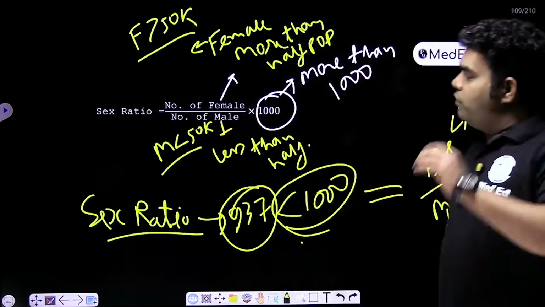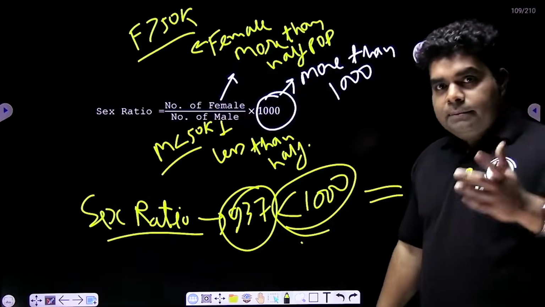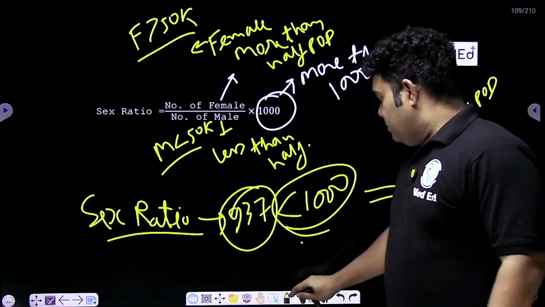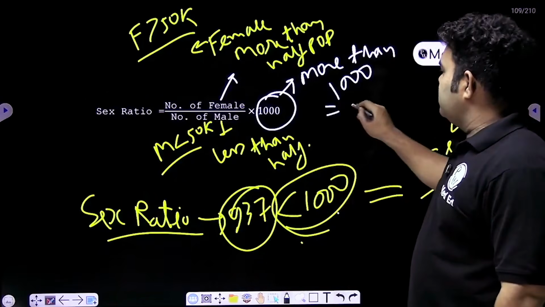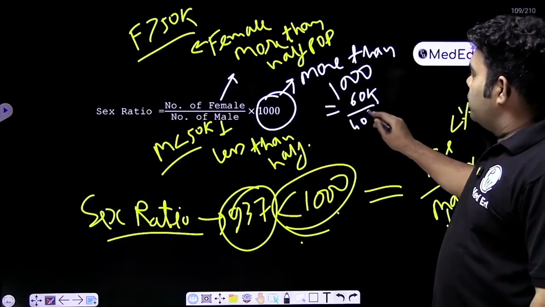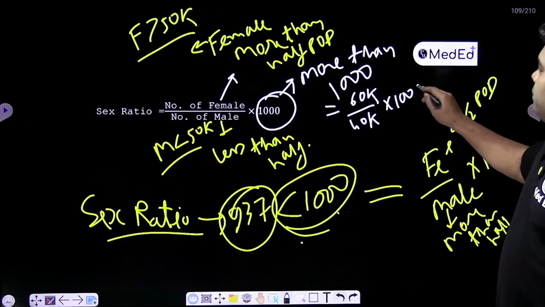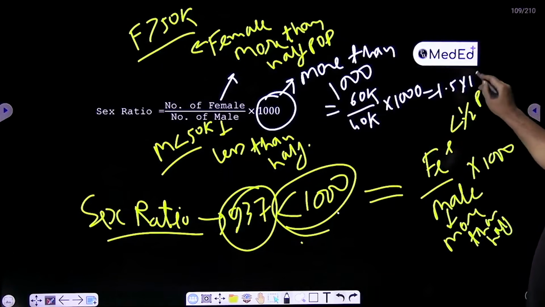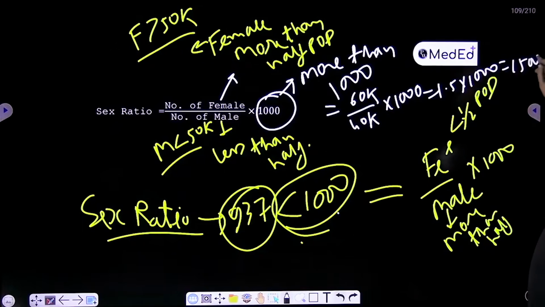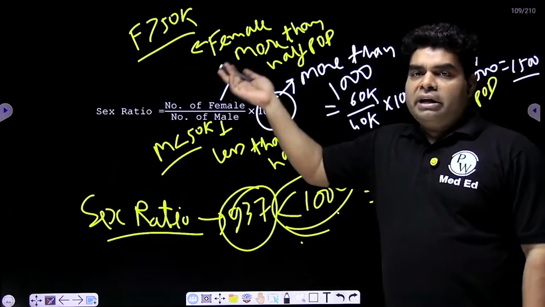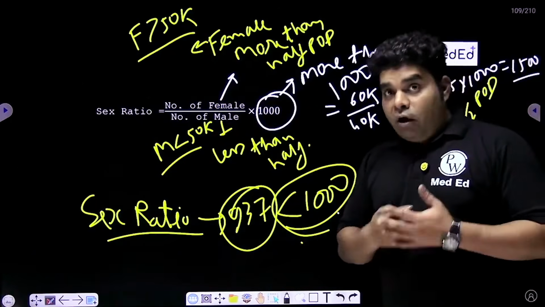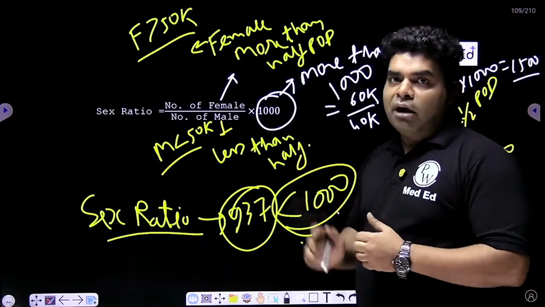Only then will the sex ratio be more than 1000. You can see it yourself: if female came to 60,000 and male came to 40,000, then 60,000 by 40,000 will be 1.5, and 1.5 thousand will be 1500. So whenever female is more than half or male is less than half of the population, the sex ratio will be more than 1000.